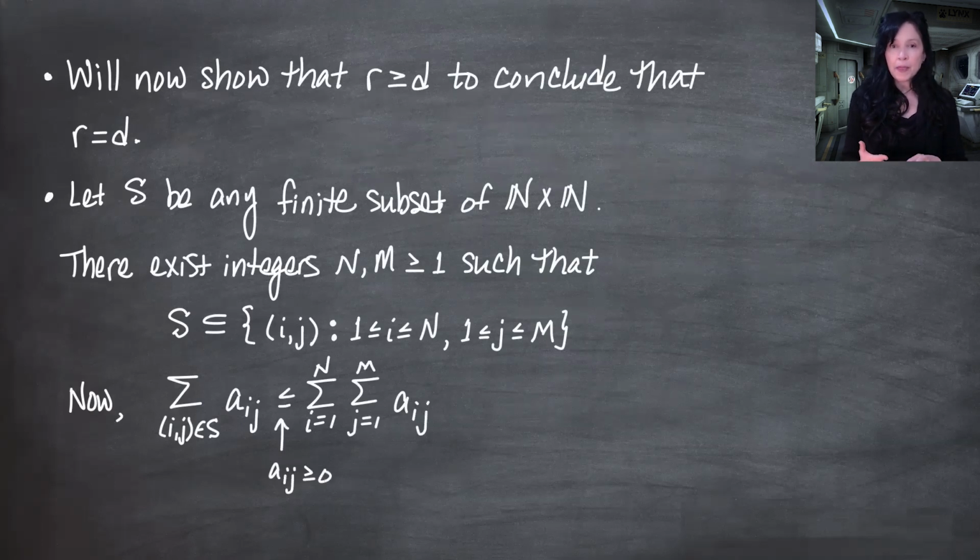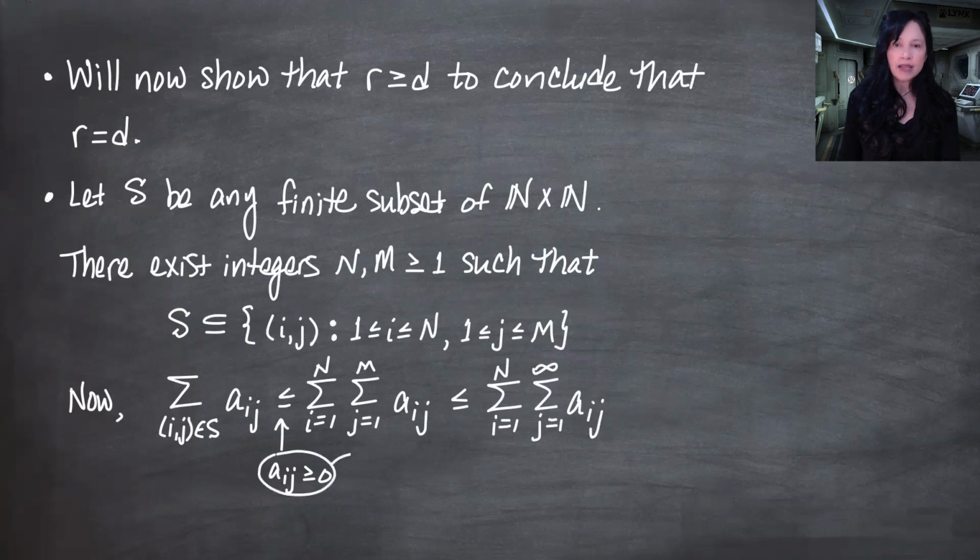And if I shoot the M in this second sum up to infinity, then because everything is non-negative as well, I'm using that here, I'm going to get something only potentially larger. And this is now the sum as i goes from 1 to capital N of the R sub i. And this is less than or equal to summing these up as i goes from 1 to infinity, which is what you would get if you wanted the entire R. So this is less than or equal to R.